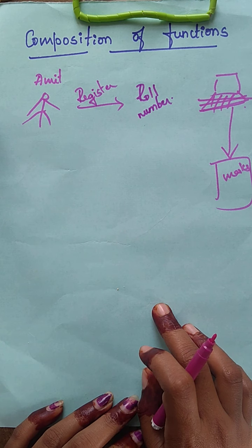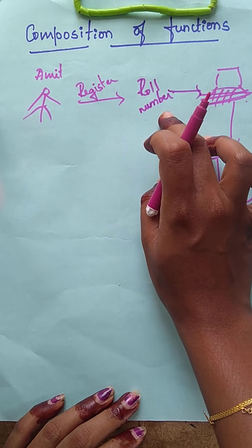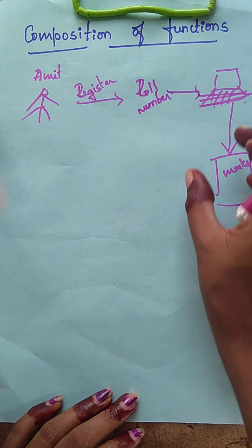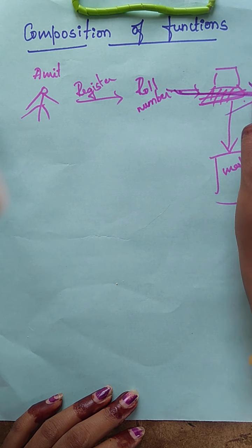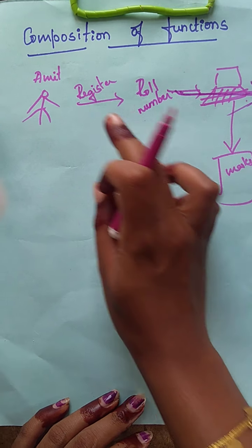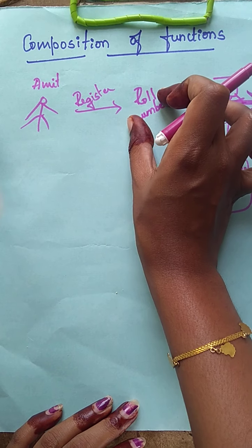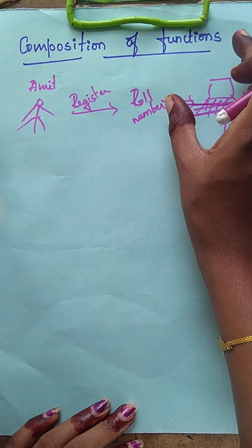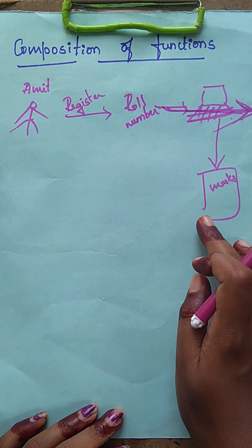So in order to get the marks, first he has to check the register, and from the register he'll get the roll number, because the computer has only roll numbers, it doesn't have the names of students. When he knows the roll number, he'll get the marks.